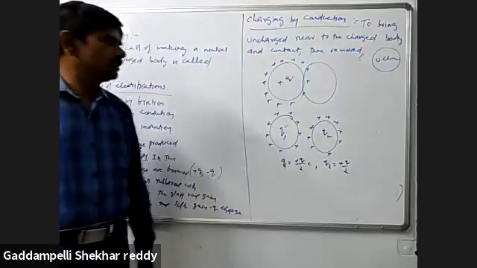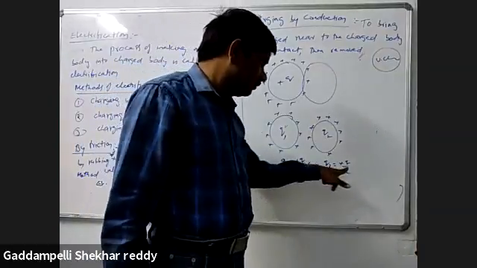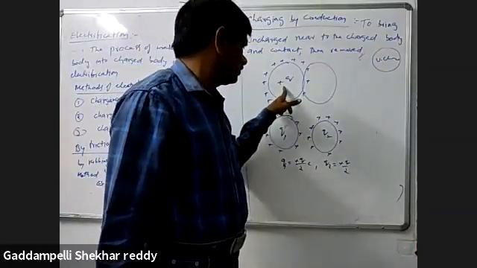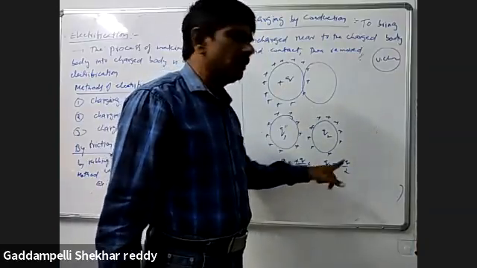So in this method, what type of charges? This is positive, this is positive. Initially positive, and after dividing it is also positive. If it is negative, it is minus Q by 2 and minus Q by 2.